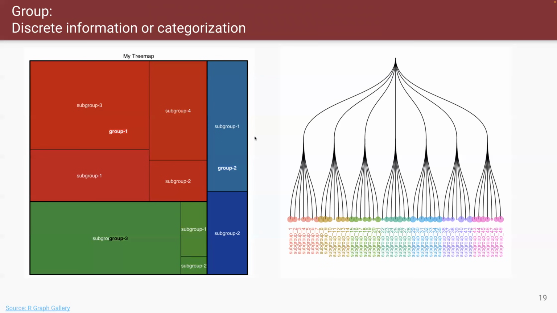And you can see there are some structures about the groups and subgroups, but also you can see the quantity, right? So you can compare the quantity between groups, right? So this simple rectangular type of information has multiple pieces of information about the groups and also the quantity belonging to each group, right?